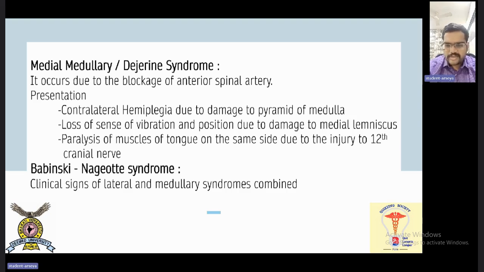There's nothing much to discuss in medial medullary. And then the combination of both lateral and medial medullary is called Babinski-Nageotte syndrome, that is, clinical signs of both lateral and medial medullary syndromes combined.